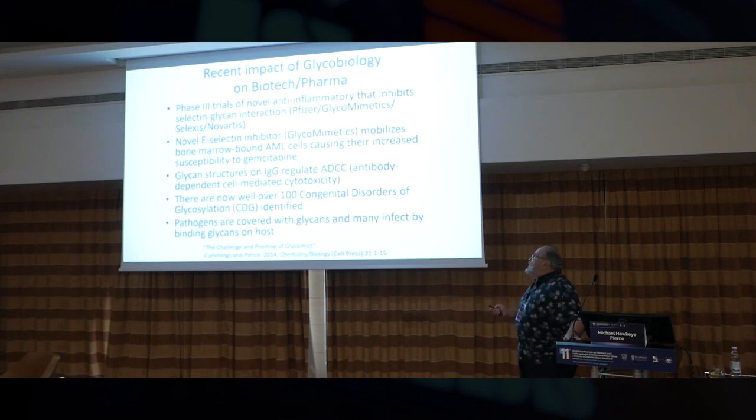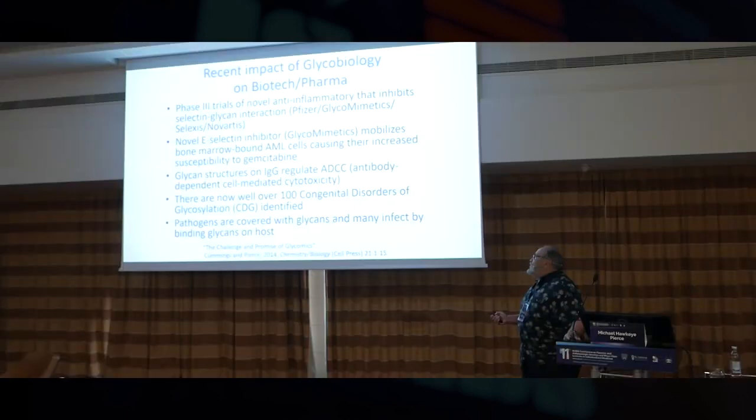And so this is now in, I believe, phase 2 trials to increase the efficacy of chemotherapy for AML and for other leukemias as well. So these are a couple of big advancements in the field of taking glycobiology and applying it to human disease.